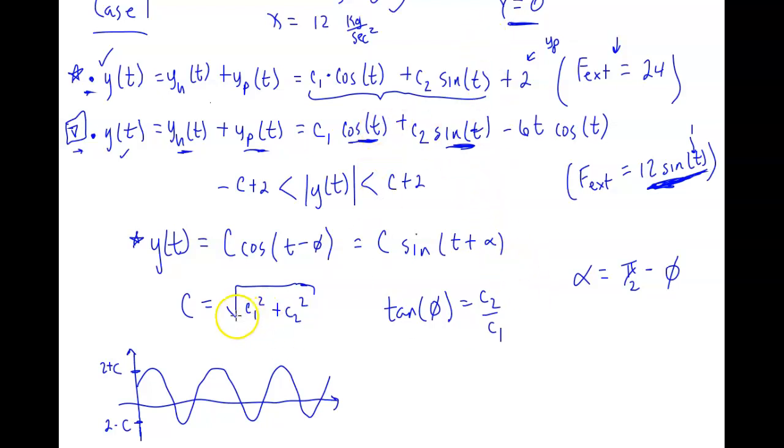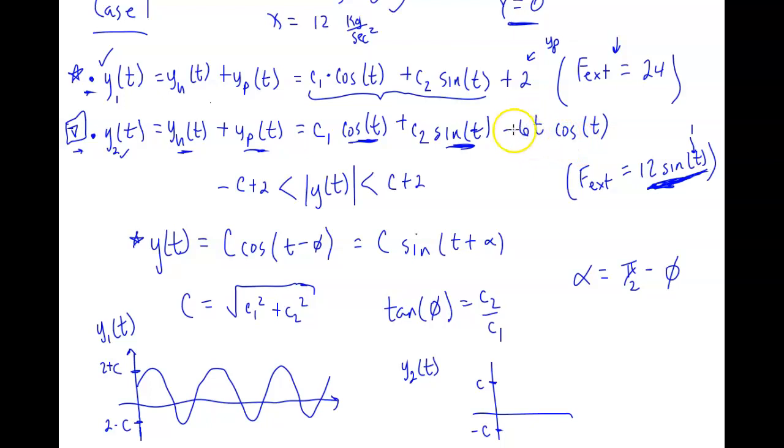Now, using the same kind of knowledge I just talked about here, I'll name this Y1 and Y2 just to give a clear distinction between the two. So this is the response for Y sub 1 of t. Then a response of Y sub 2 of t. Notice that, again, it's going to bounce between minus c and plus c if we ignore this portion.